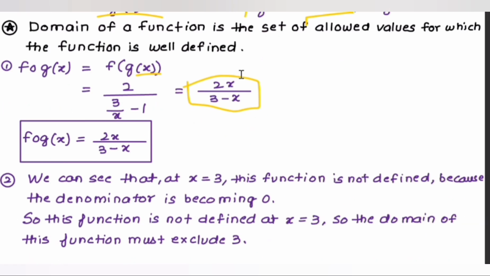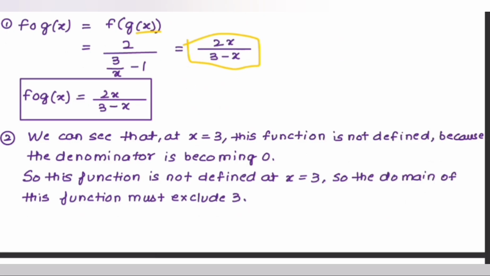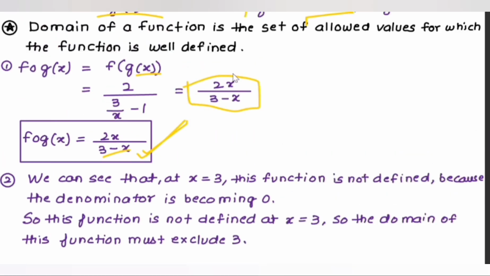Now how will you find the domain? See, when you put x as 0 in f of g of x, your denominator will be 0, so the function will be undefined. So 0 is excluded from your domain. Next, what was your g of x? 3 upon x.